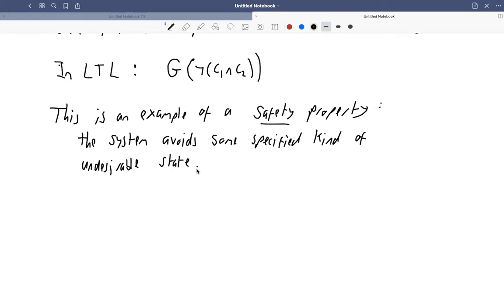So safety because, for example, we avoid a crash with disastrous consequences.